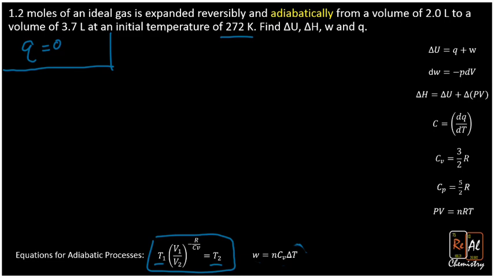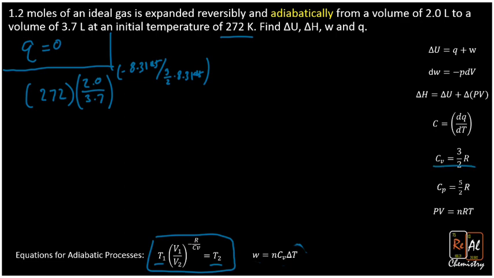So if I use my equation on the bottom left here for temperature 1, relating it to temperature 2, I'm going to plug in temperature 1, which I know is 272 Kelvin. I'm going to multiply that by volume 1 over volume 2. Volume 1 is 2.0 liters, that's where we're starting, divided by volume 2, 3.7. And then I'm going to raise that to negative R over CV. So negative 8.3145 divided by 3/2 times 8.3145. For an ideal gas, that's the heat capacity as we have listed over there.